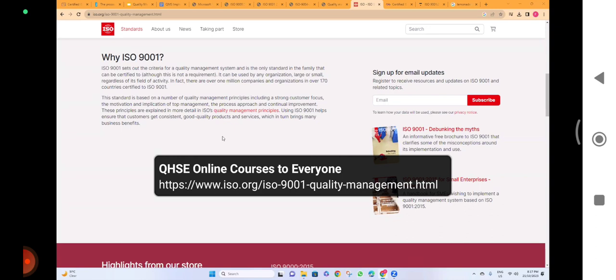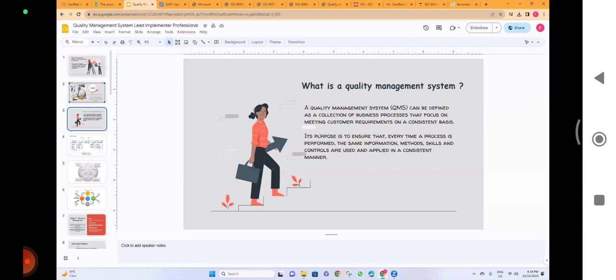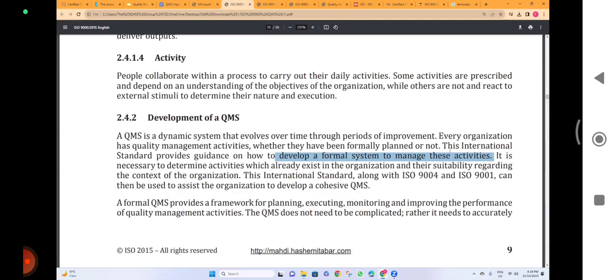I started implementing and working on projects in ISO 9001 since 2008 in the previous version. And what I've realized is that a lot of people who want to implement this standard in their organizations usually fail on the first step itself, okay? They don't really understand what it means to implement a quality management system. So I'm going to say this for the last time.